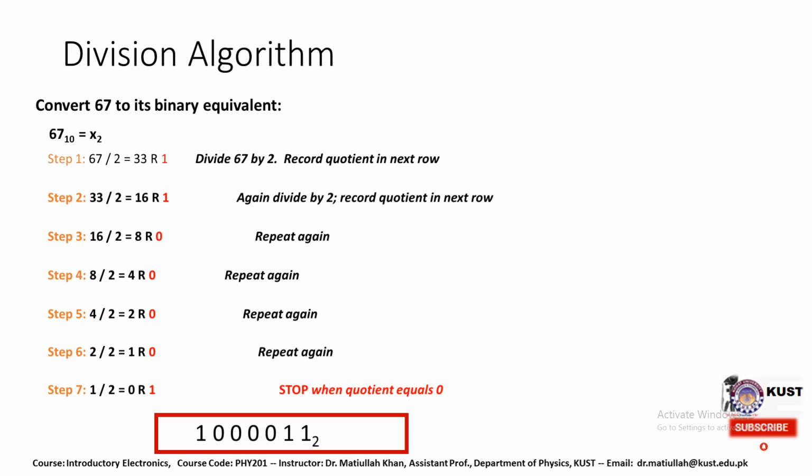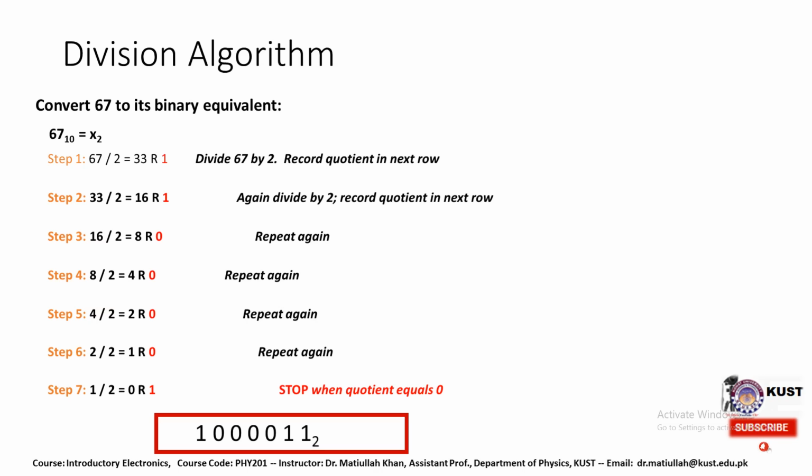And in the fifth step we divide the 4 again by 2, and that gives us 2 and the remainder is 0. And finally we divide 2 by 2, that gives us 1 and the remainder is 0. Then 1 divided by 2 is 0 and the remainder is 1.